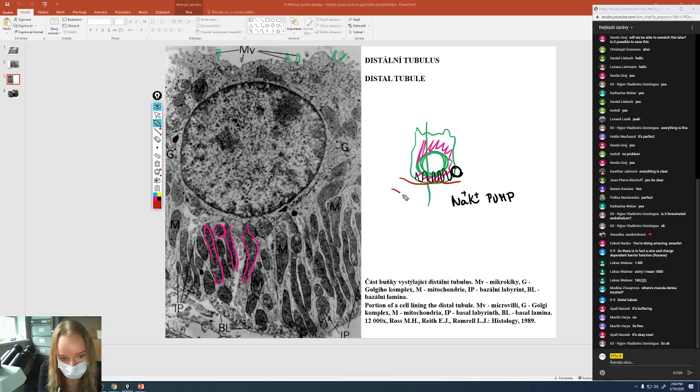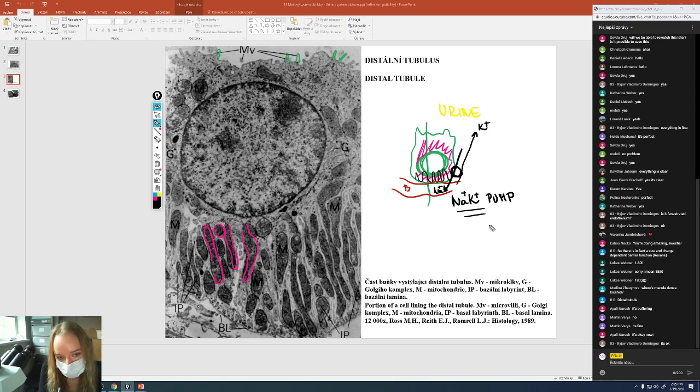This is the blood, and the urine is of course on the other side. We are going to absorb sodium to the blood, and we're going to excrete potassium to the urine.